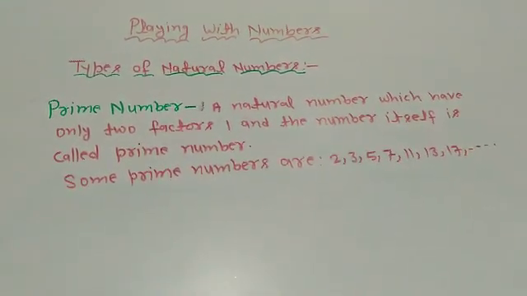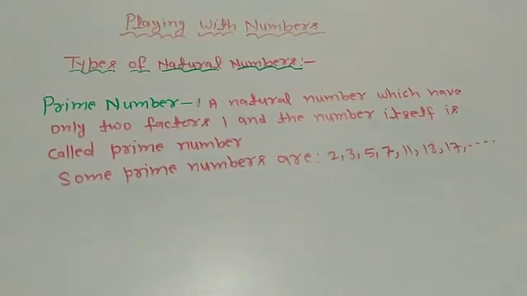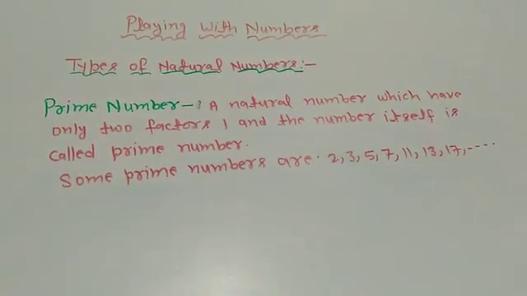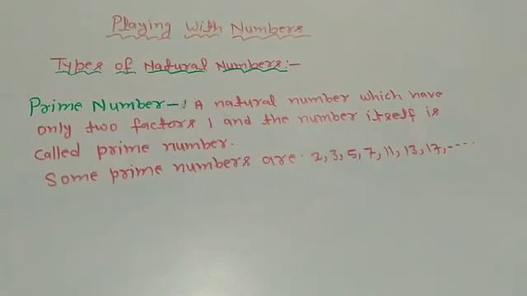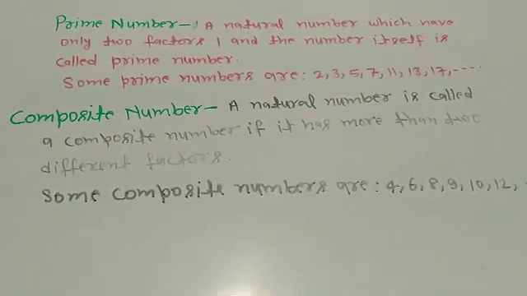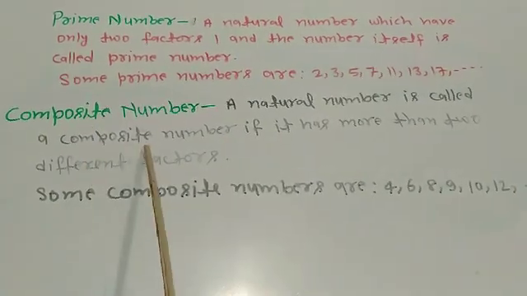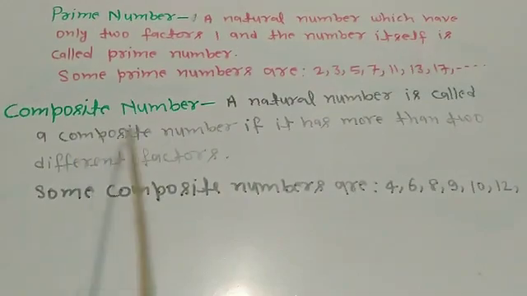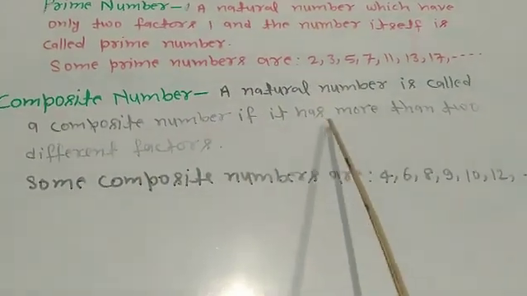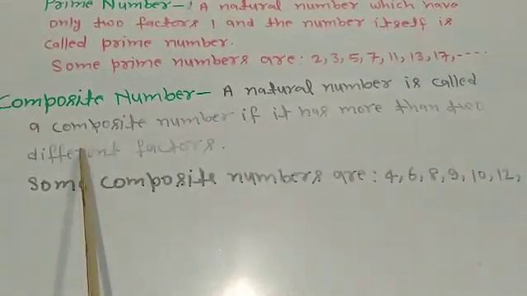Now we are going to discuss composite numbers. What is a composite number? A natural number is called a composite number if it has more than two different factors.